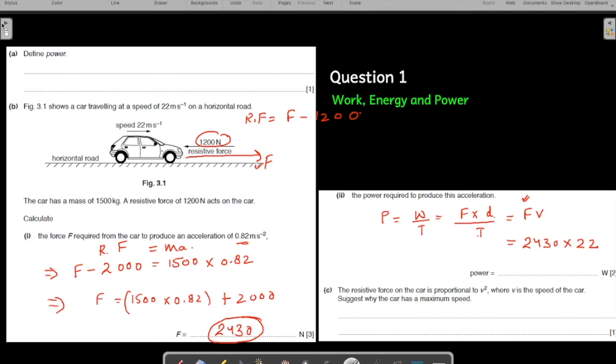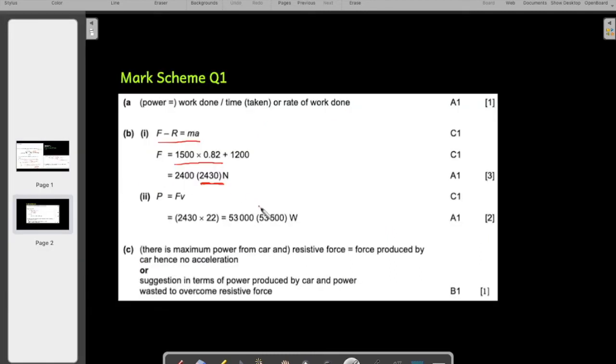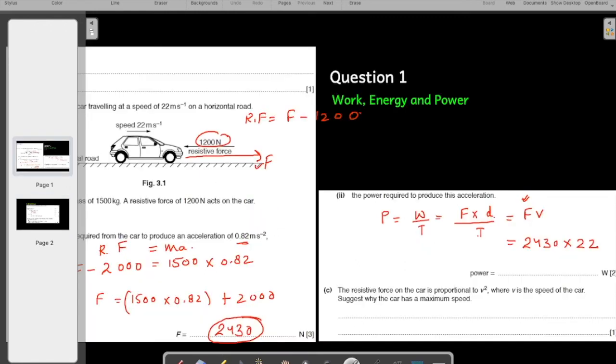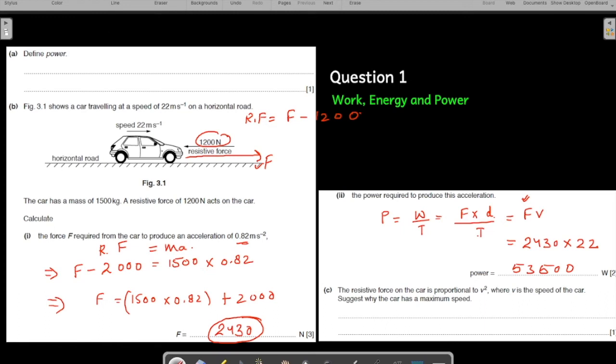Multiply these two numbers and tally your answer with the mark scheme. It should be 53,500 on your calculators. The unit is already given in your question, so you need not worry about it. Otherwise, you should be very clear that the unit of power is watts.